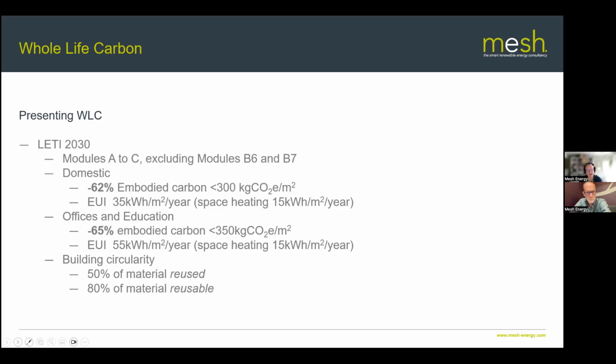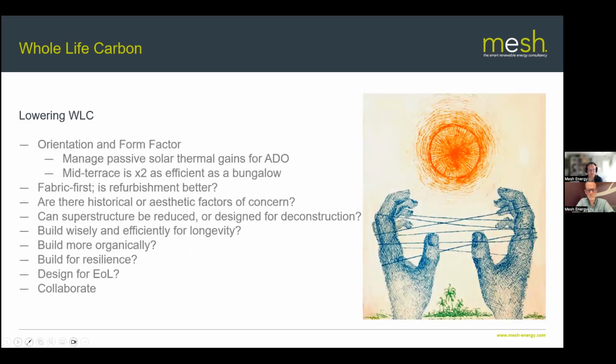And also they're asking for 50% of material to be reused, so that sort of replacing virgin material with reused material, but also designing for disassembly or reuse so that 80% of the material is reusable. And these are really ambitious, these are great aspirations, but it can be done. I think that's really important.